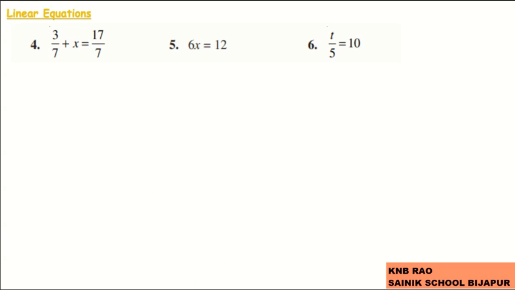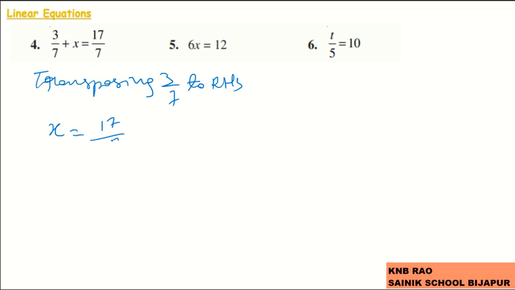Now coming to the question number 4, here 3 by 7, which is addend, if it is transposed from left hand side to right hand side, we have x equals to 17 upon 7.